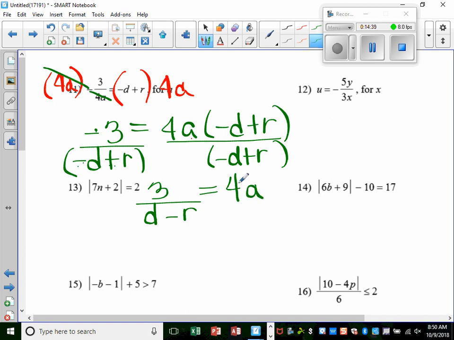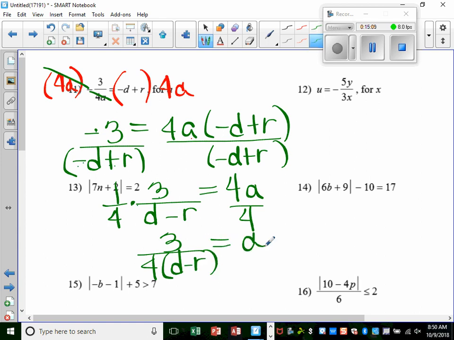Okay. Now, 4 is being multiplied by a. So what's the opposite of multiplication? Division again. So this is like being multiplied by 1/4. Same thing. Because I'm dividing by 4. Same thing as 1/4. So what's going to happen here, you're going to have 1 times 3 at the top, which is still 3. And then you'll have this 4 times d minus r at the bottom.